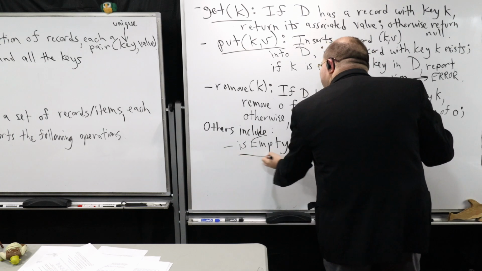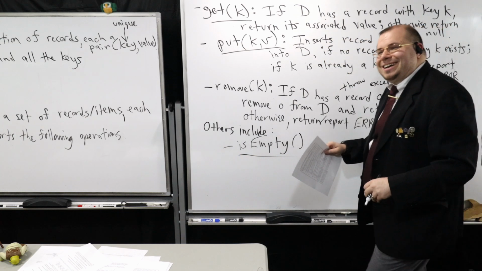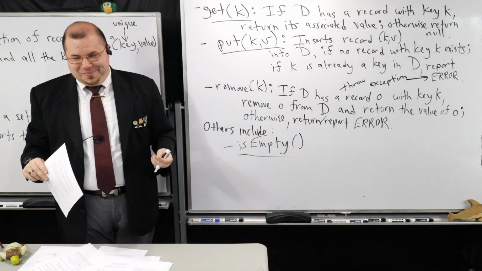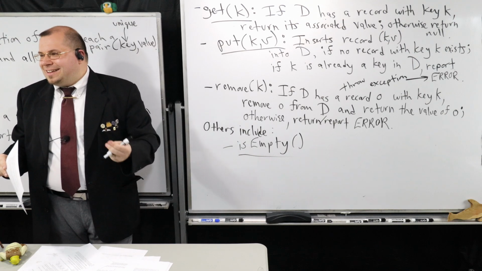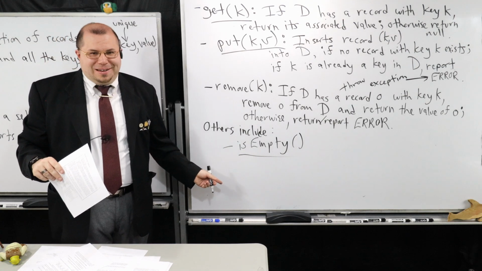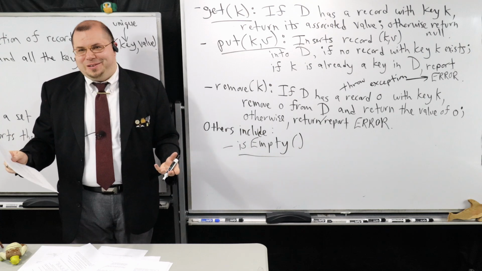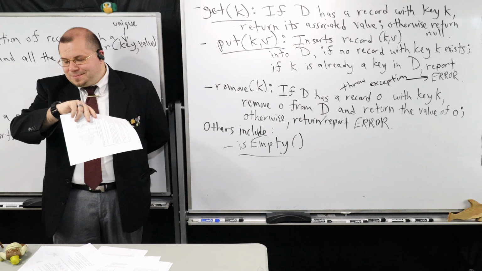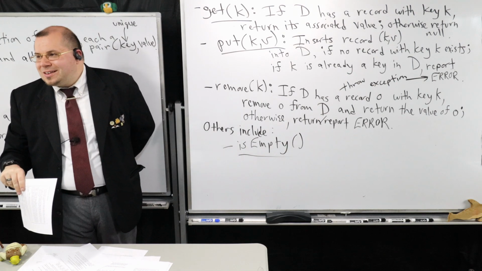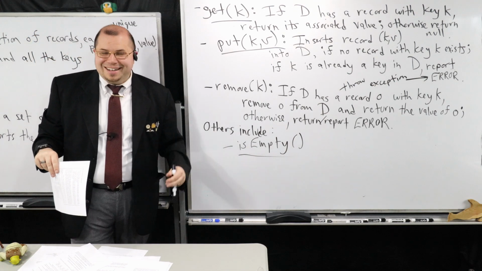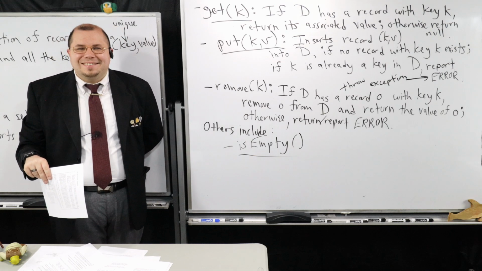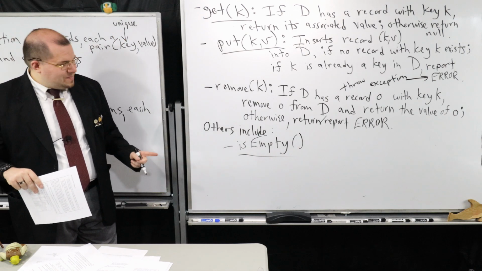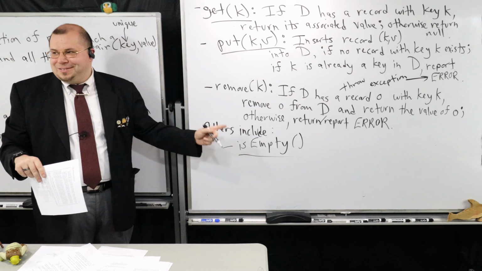Can somebody tell me what is empty is going to do? Do I need to write anything down for is empty? You can see right from this because we've talked about this function before. What should is empty do?